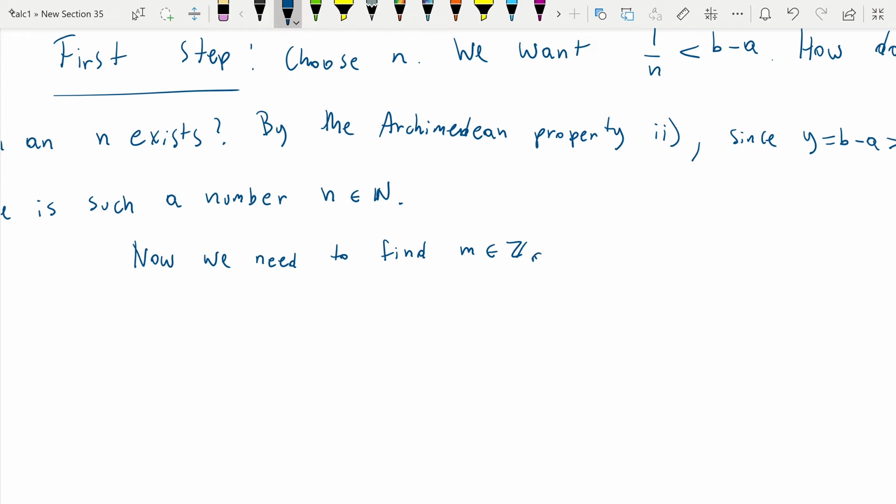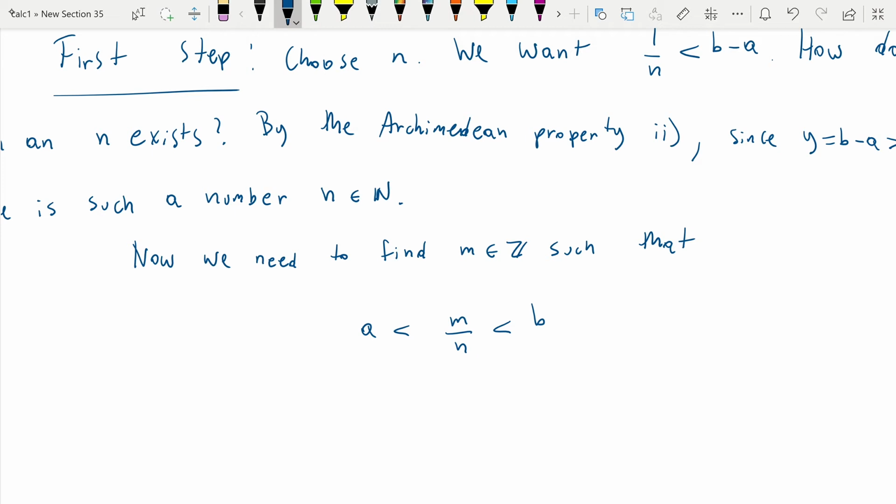We need to find m in Z such that a is less than m over n and m over n is less than b. Remember here that n is already known to us. I mean, we already chose it.